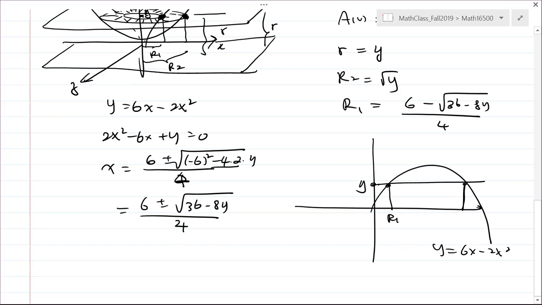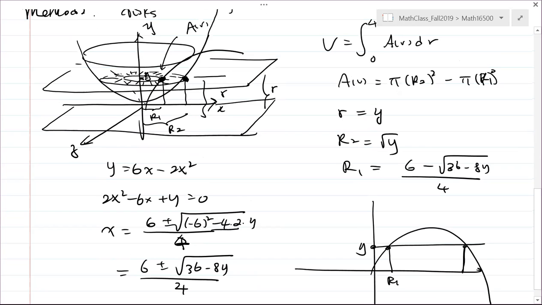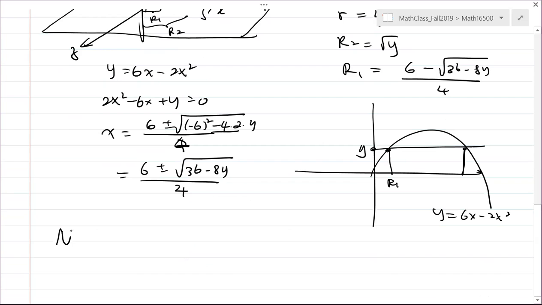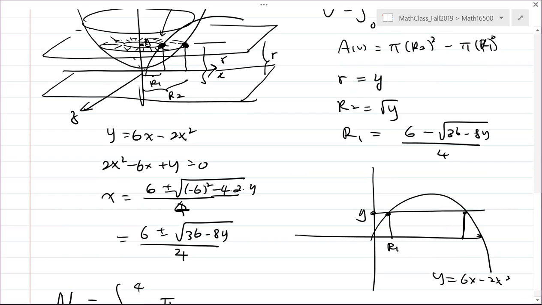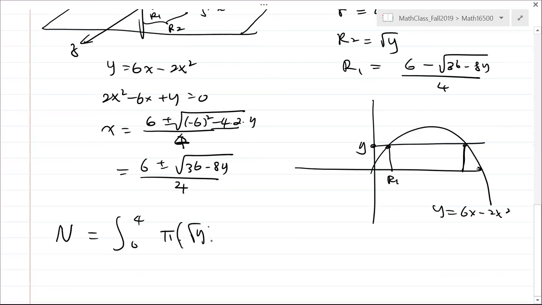So R1 is the one using the negative sign. Now you put it back. So the volume is going to be the integral from 0 to 4 of pi times the square root of y squared, minus R1 squared.